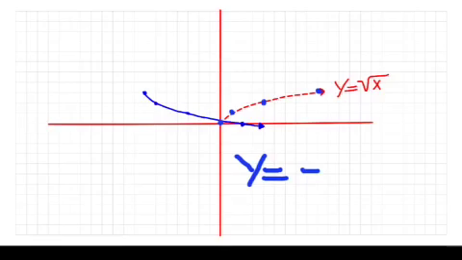It's been moved left 1, 2, 3, 4, 5, and I'm just going to count all the way over to 7, I believe. And so inside the function, I want to move left 7. That means I'm going to go x plus 7.